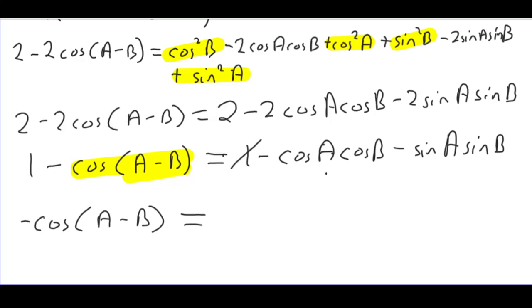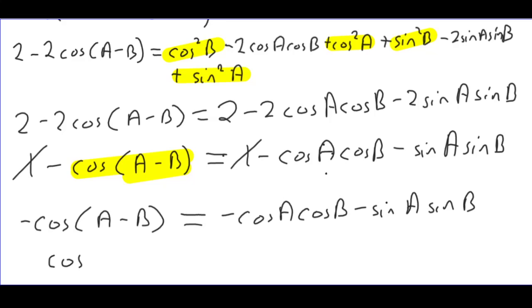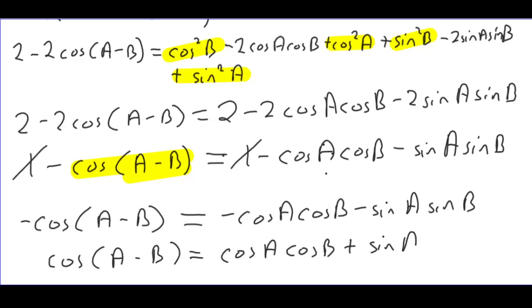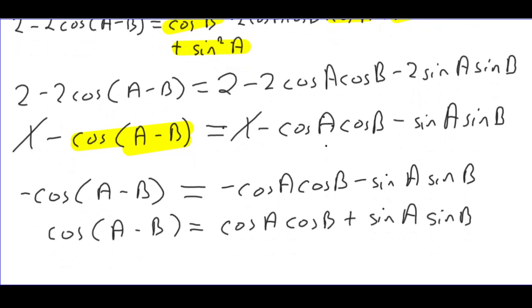Notice that the 1's here actually just cancel off on each side. And then it's just a matter of multiplying both sides by -1. And I get cosine of A minus B is equal to the cosine of A times the cosine of B plus the sine of A and the sine of B, which is exactly the identity I wanted to prove.